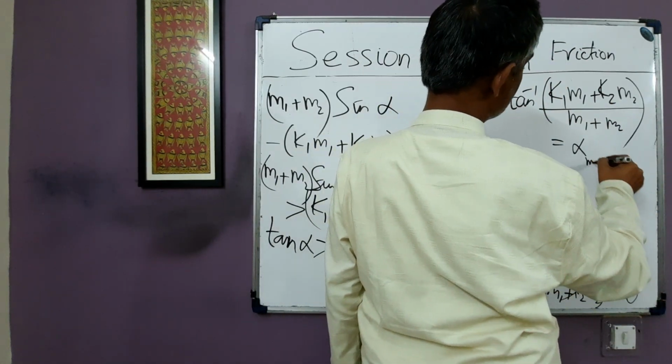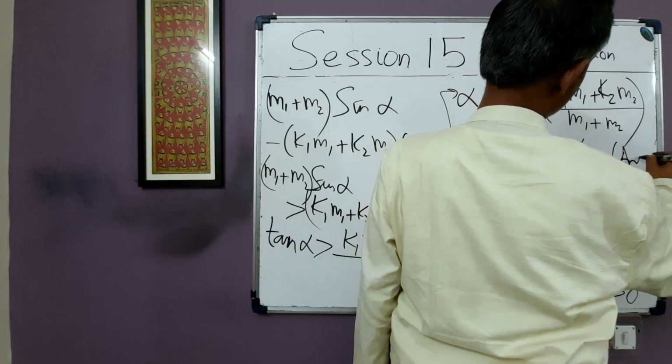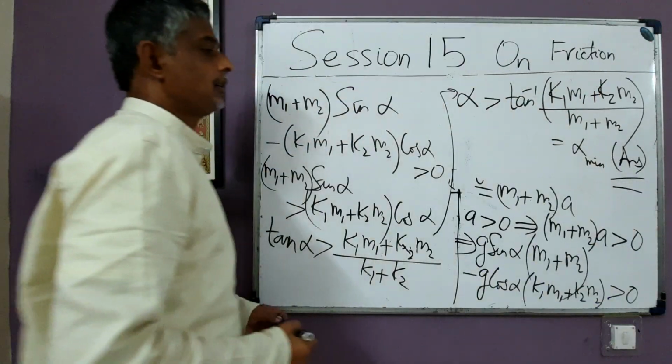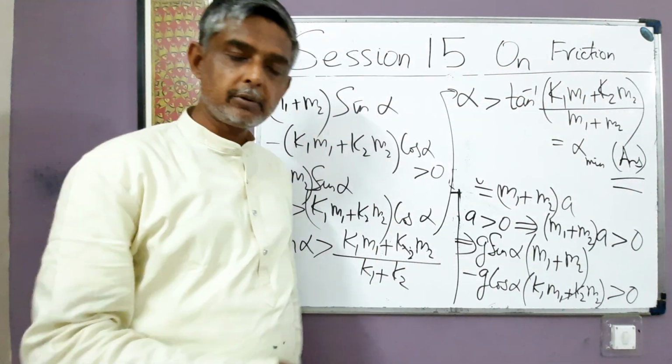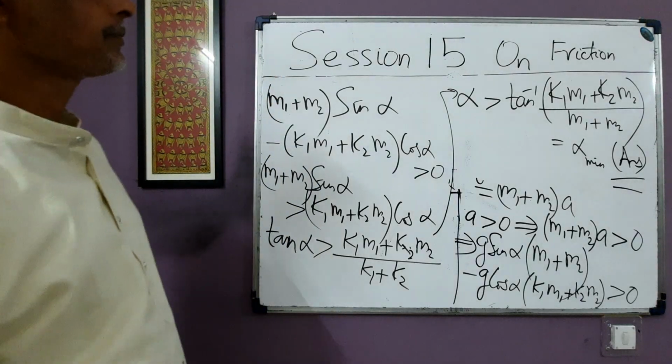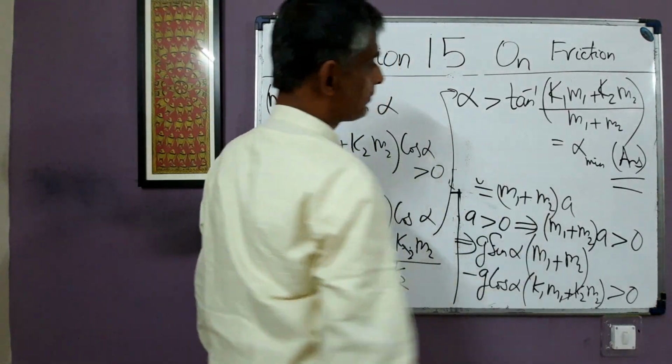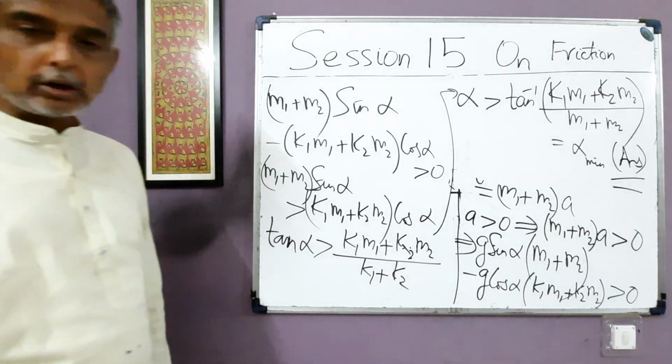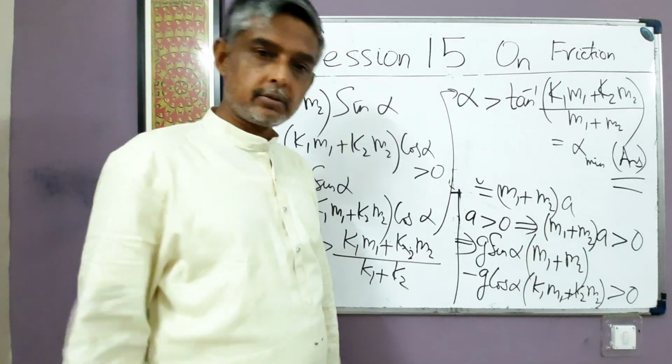This is the required minimum value of alpha so that the blocks begin to slide down the inclined plane, and the two blocks will then go down together.